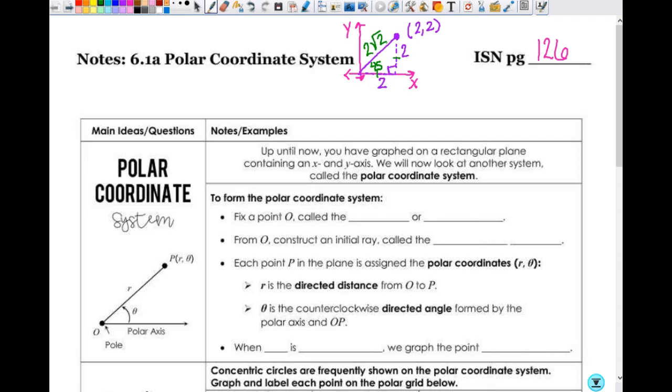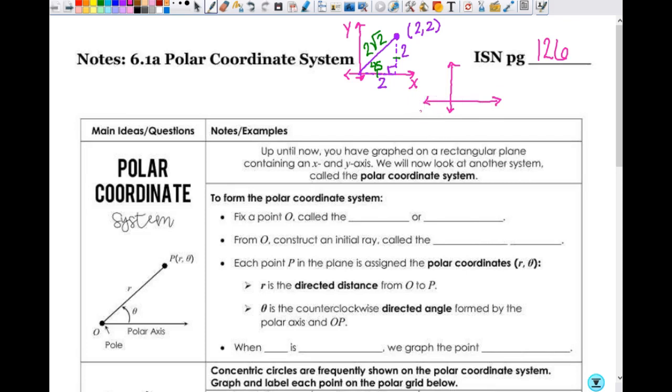So, usually when we plot the point, obviously, we're not worried about 2 square root of 2, right? That's not part of your plotting process. But if I want to plot that exact same point, there's a completely different way for me to get there. Again, we're just looking at the x and y axis that we already know and love.